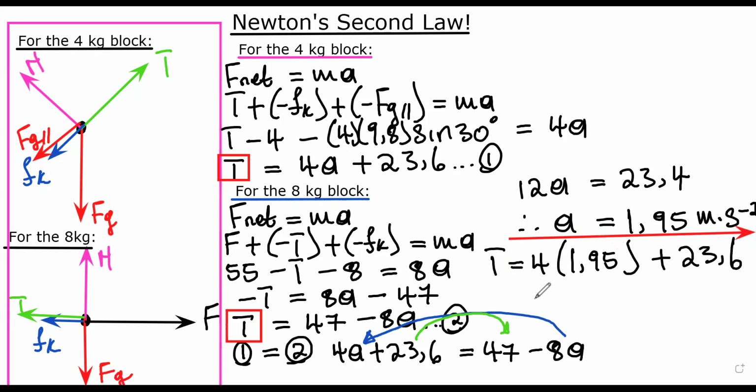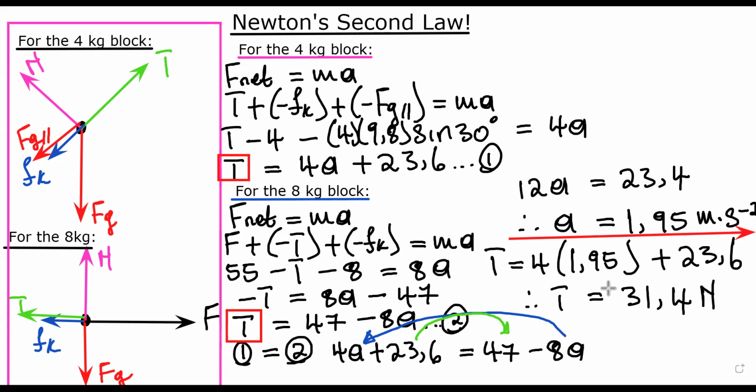Whichever equation that you substitute, your tension will still be exactly the same. So if we say 4 times 1.95 plus 23.6, well, we find that the magnitude of the tension will just be 31.4 newtons.